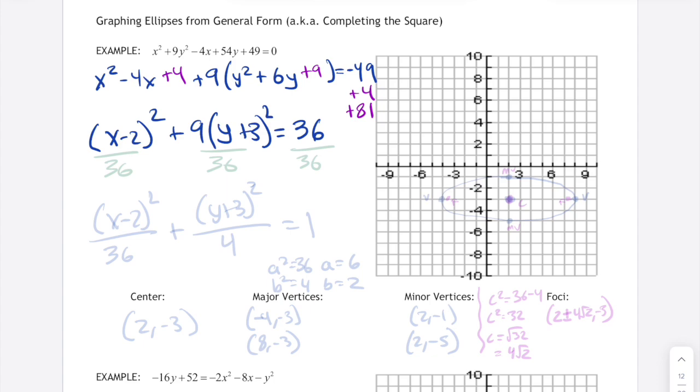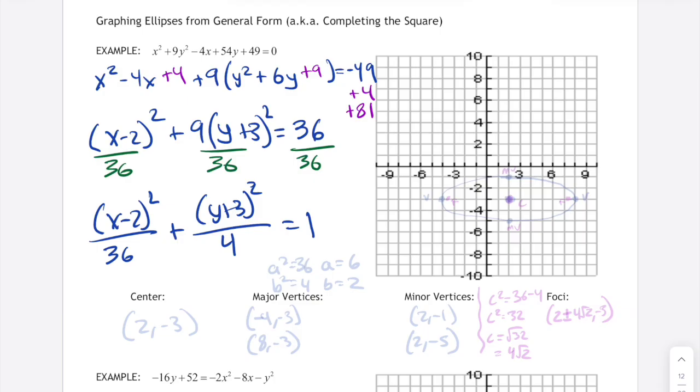So I'm going to divide by 36. I'm going to get 1 on the right side. And usually when that happens, it reduces nicely. So we get x minus 2 squared over 36 plus y plus 3 squared over 4 equals 1.